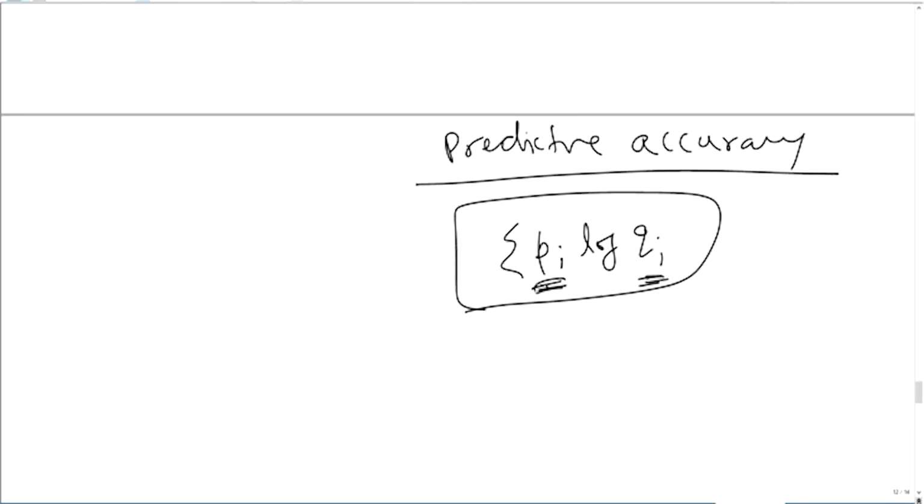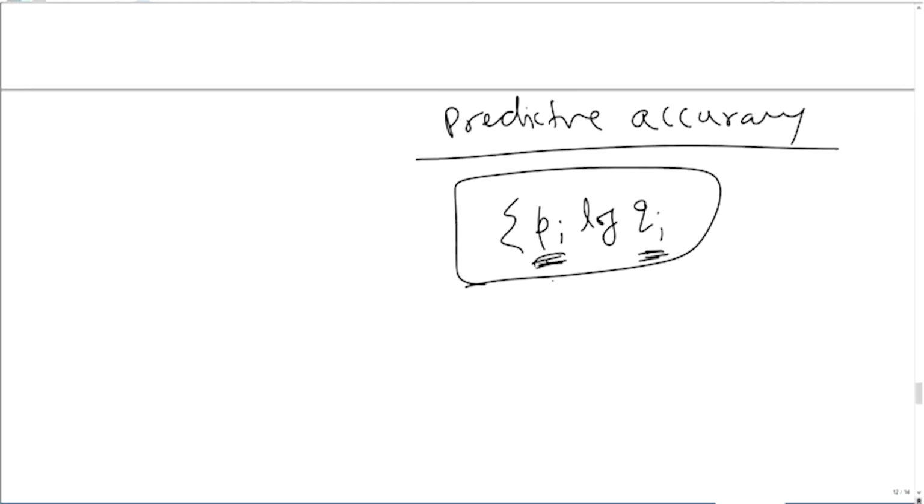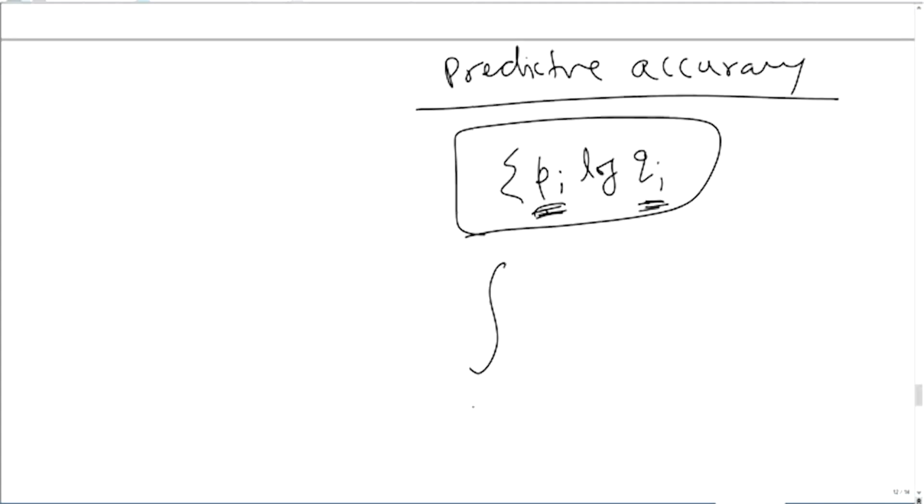So rather than using this summation term, for the continuous case you will use integration rather than summation. This is actually the true distribution of data.